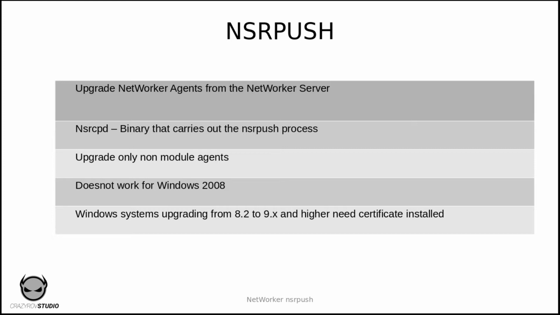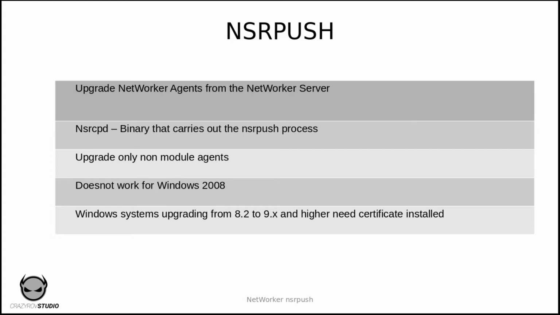nsrpush also allows you to upgrade the modules, but my suggestion to you is to not upgrade the NetWorker modules using nsrpush. You make sure that you have a project created and plan the module upgrade locally, but you could try it. But as I said, I would not recommend the module upgrade from the NetWorker server using nsrpush.